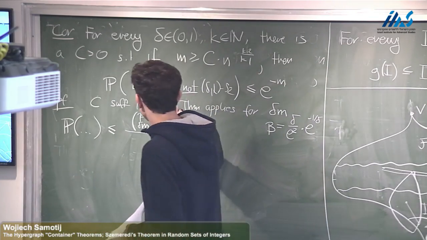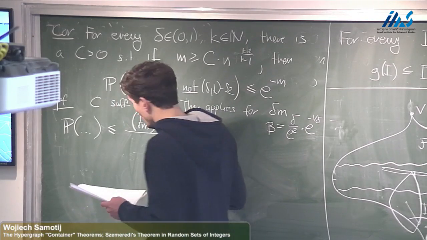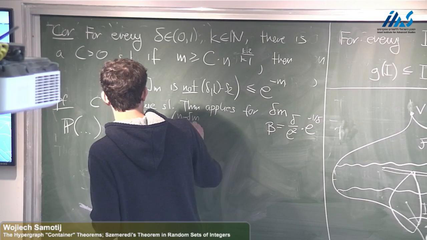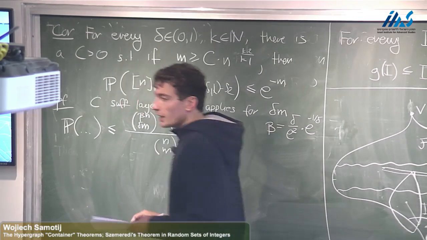Now, I choose the remaining elements in an arbitrary way. So this is just n minus delta m choose m minus delta m.